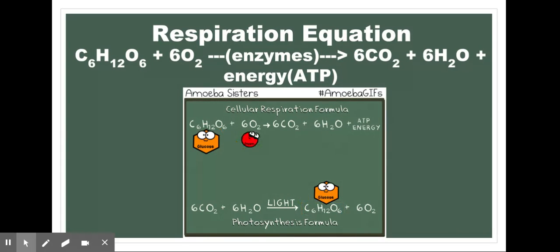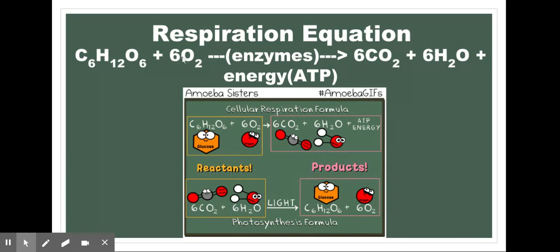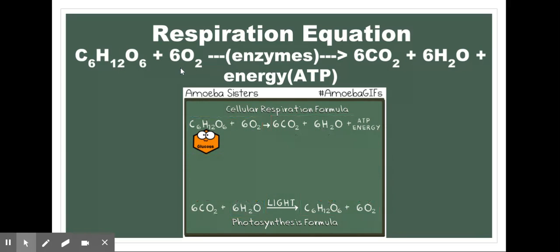So, if we look at the equation for cellular respiration, we start out with a sugar, a glucose molecule, and oxygen. So, if we think about what we need, some type of food and we need oxygen to breathe.